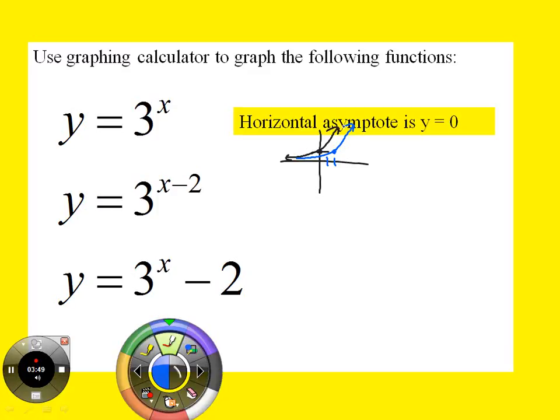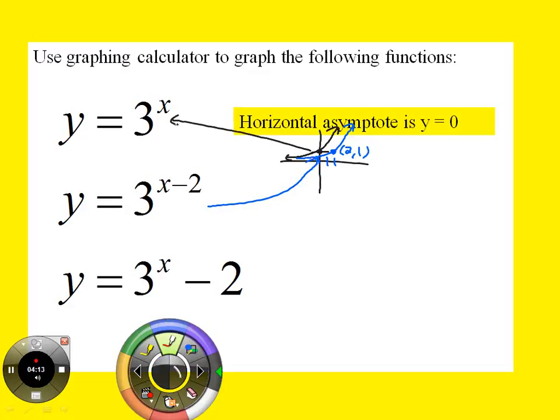If I plugged in a 2, it should turn out to be 1. So instead of that point being (0, 1), now it's going to be (2, 1). Does that make any sense? The 3 to the x is the blue one here, and the other one is the black one.